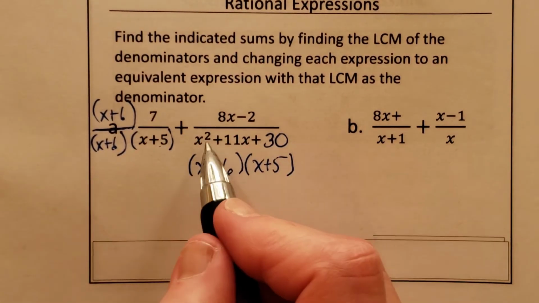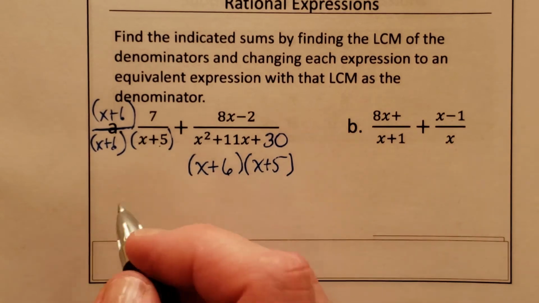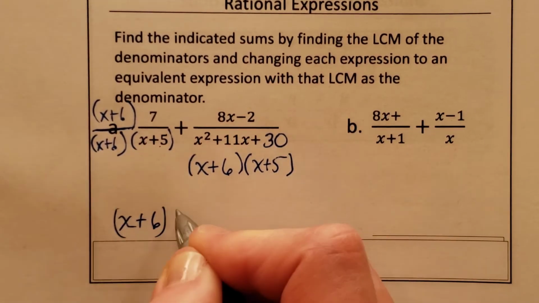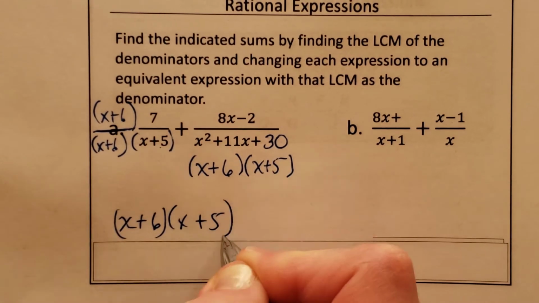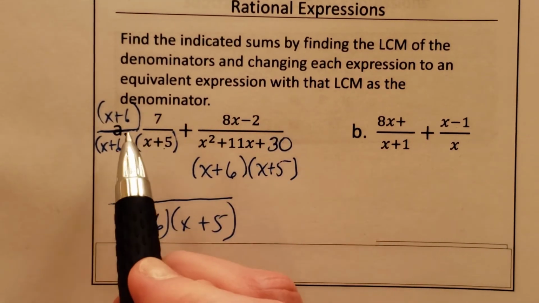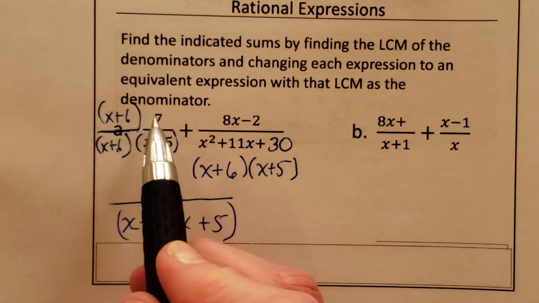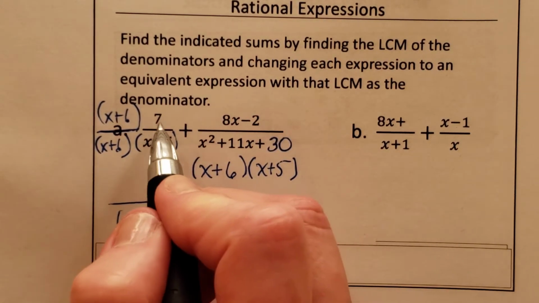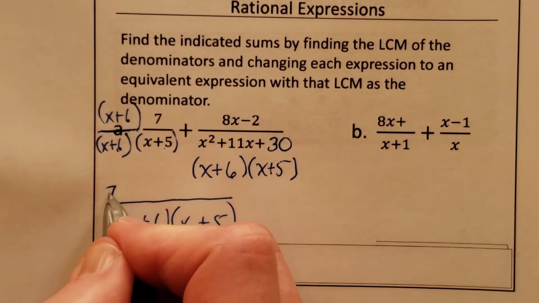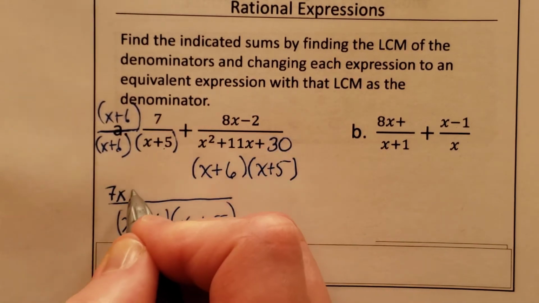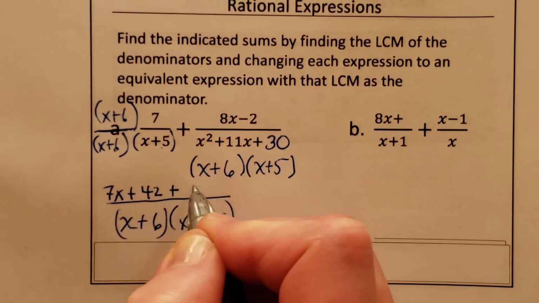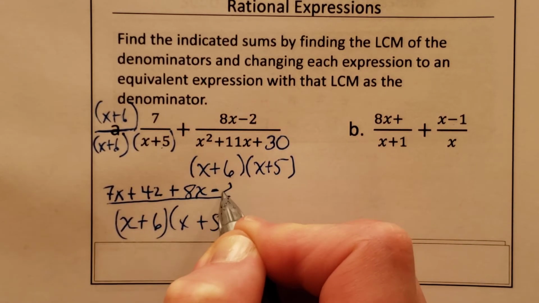I have everything I need. Now my common denominator is x plus 6, x plus 5. Now I have to multiply 7 times this other factor, using the distributive property. So 7 times x is 7x, and 7 times 6 is 42. I'm adding that to 8x minus 2.